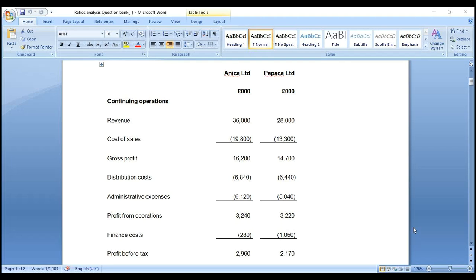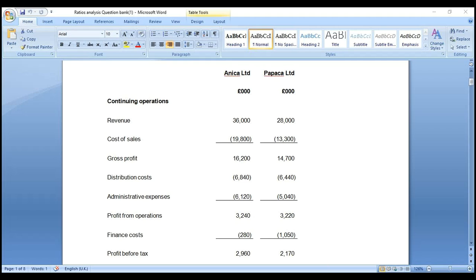So they have 11.5 and they have 9. So still Paprika is better than Anika. So what we can do is fill in these sheets, this template. We have all the formulas. Next lesson I'll go through more, and we can discuss.